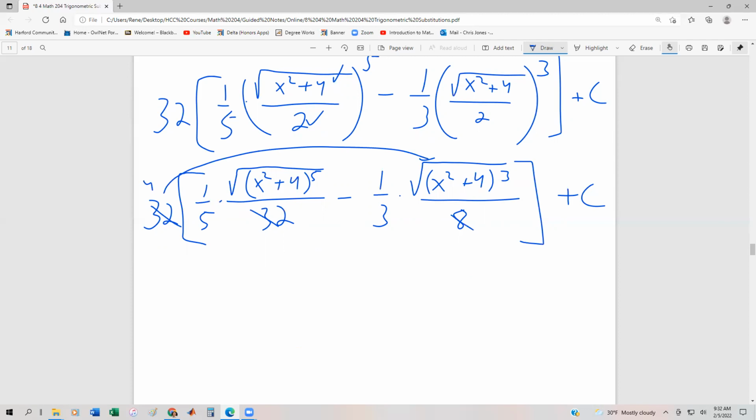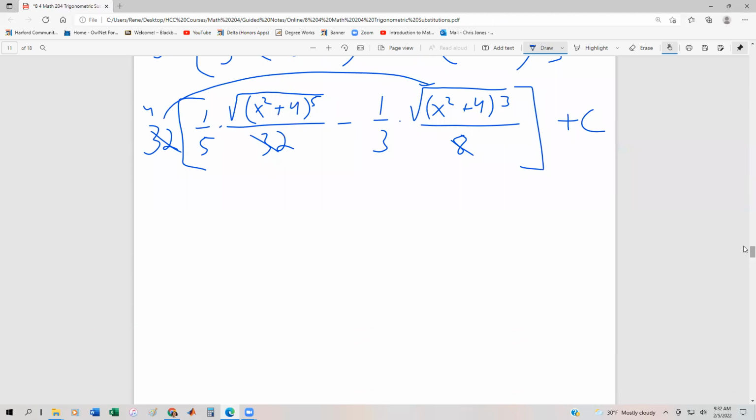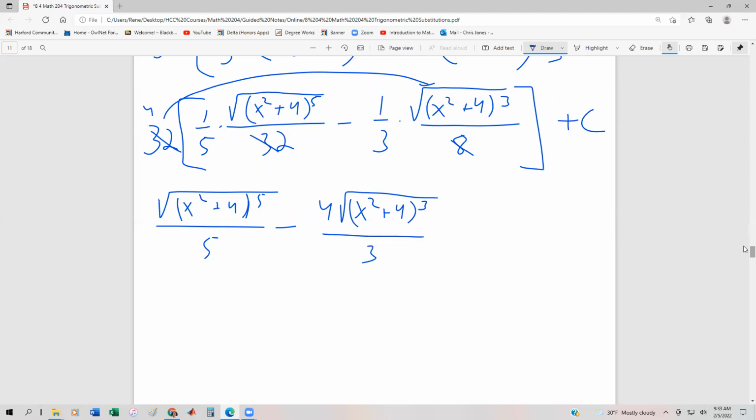So one possible answer after distribution is going to be square root of x squared plus 4 to the fifth divided by 5 minus 4 root of x squared plus 4 to the third over 3 plus c. Nothing wrong with that answer whatsoever.